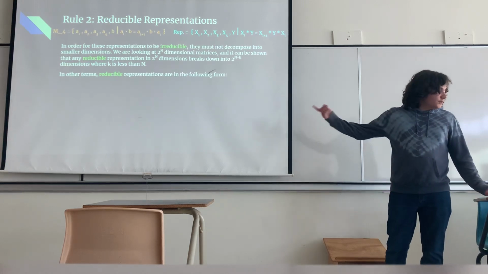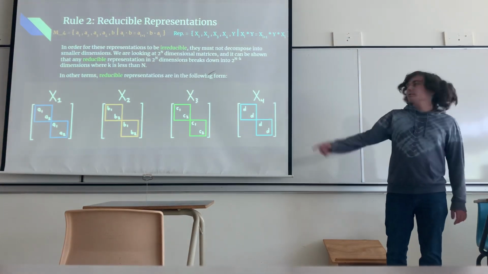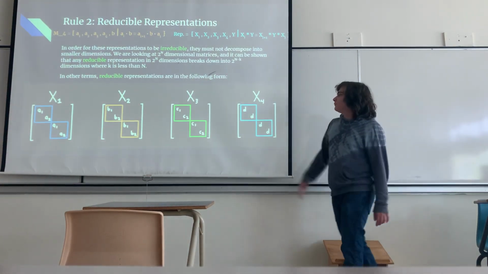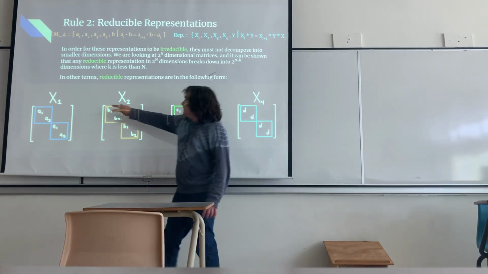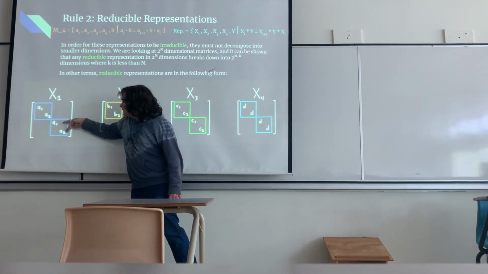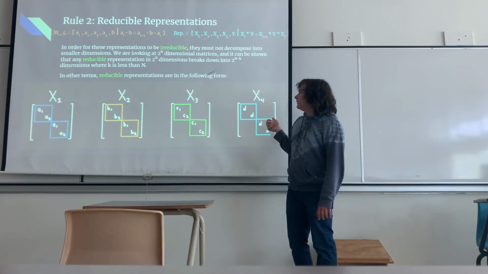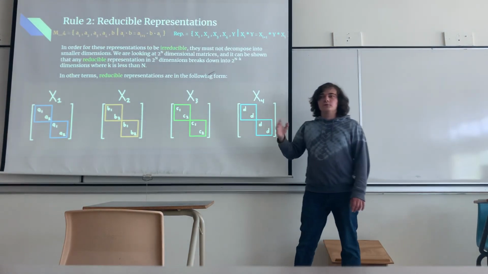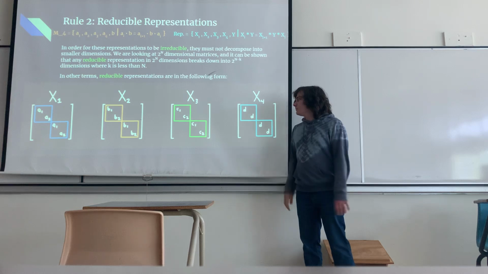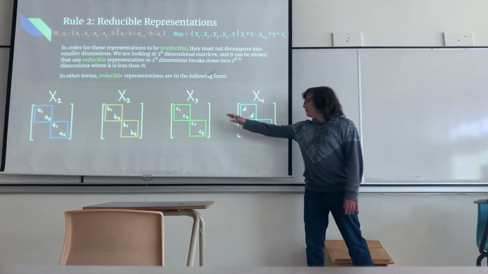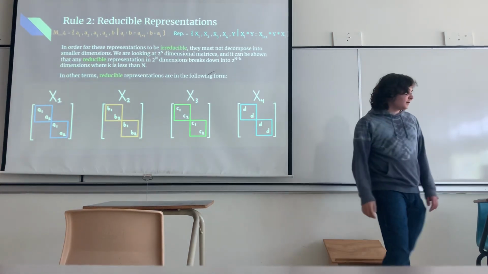So reducible representations of this group are going to look like this, where we have 4 entries, but the first pair is the same as the last pair, and that has to be true for all of these matrices. If it looks like this, then it's reducible, and we don't want reducible representations, so we want it to not look like this.